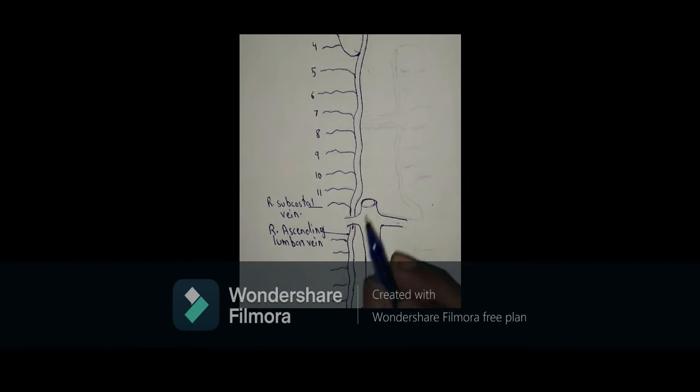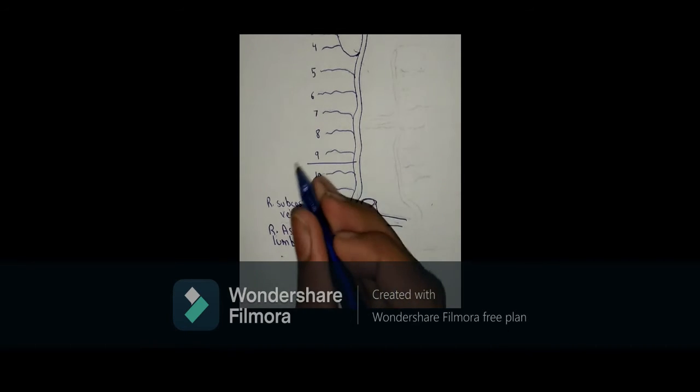So these two will form the azygous vein, and this is the azygous vein.